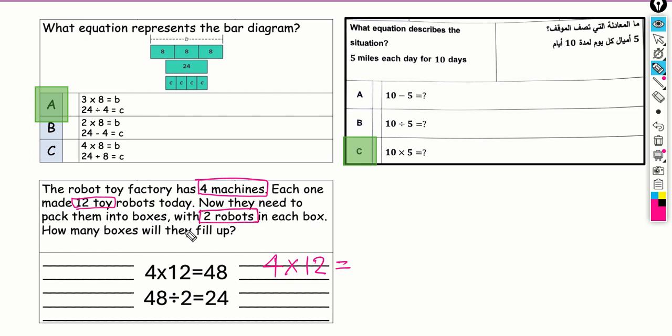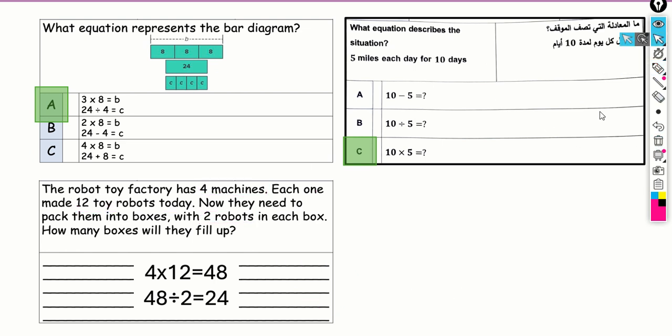So 4 times 12 is 48. Now these are the toys or robots, and 2 robots in each box, so you will need 24 boxes. Every time you read a question, you just underline it so you know what you have to do.